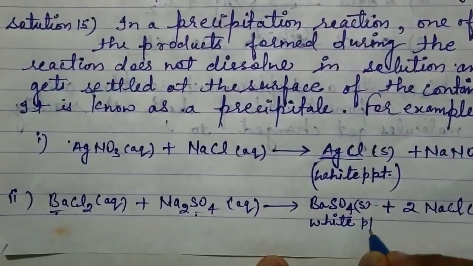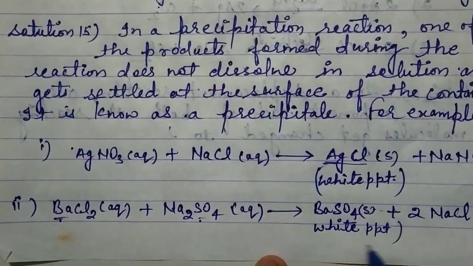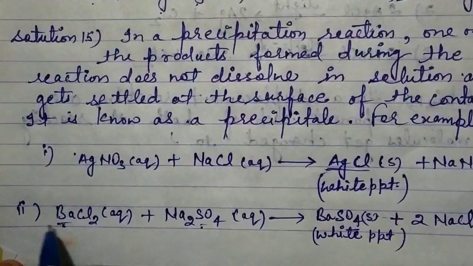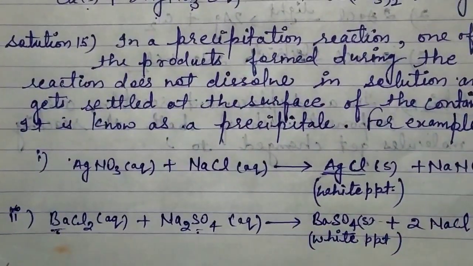You have to remember this. So these are the examples of precipitation reactions, and these reactions are also called double displacement reactions.